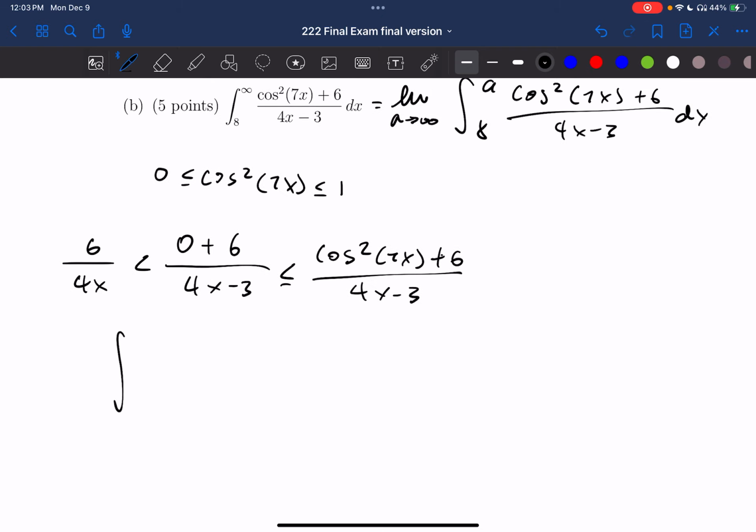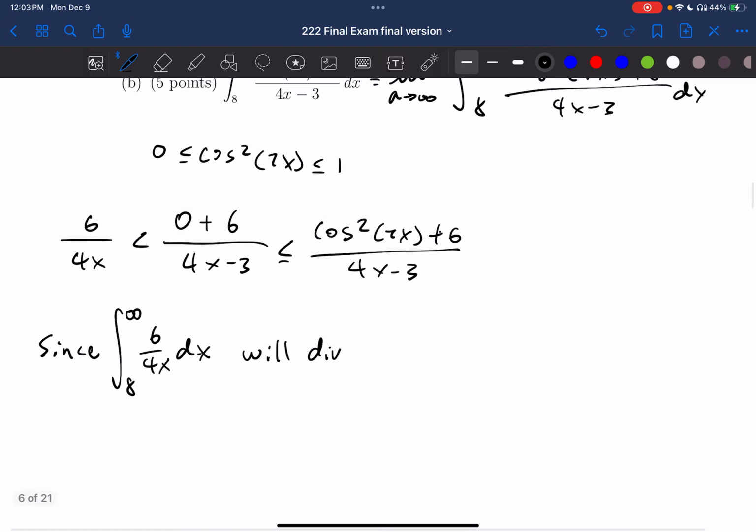So we can just say, since we know 6 divided by 4x from 8 to infinity dx will diverge because it's a multiple of a p-series.